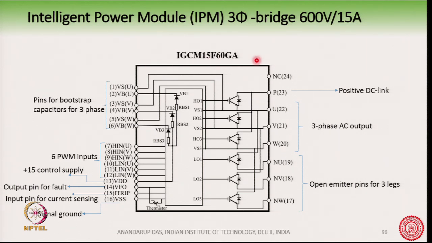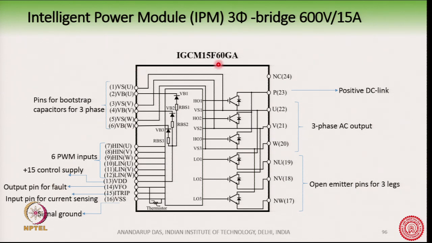So, the advantage of this whole thing is that the power devices are inside, the gate driver is inside, even the bootstrap resistance and diodes are inside, and you also see there is a thermistor, so there is temperature sensing inside. There are also some additional protections.